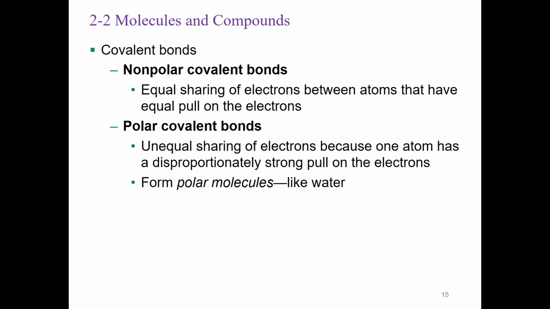So polar covalent bonds are unequal or unfair sharing. In other words, somebody's going to hog the electrons. In water molecules, we know water is H2O. Oxygen is big and strong, and it's going to have a stronger pull on the electrons than the hydrogens will. So oxygen is going to hog the electrons, making it unequal sharing.